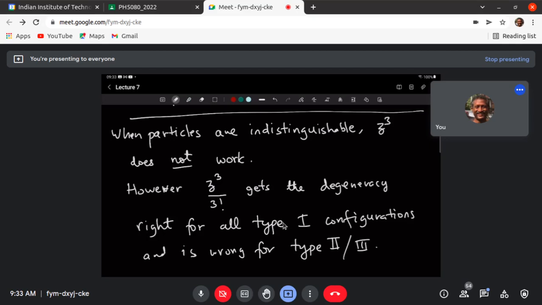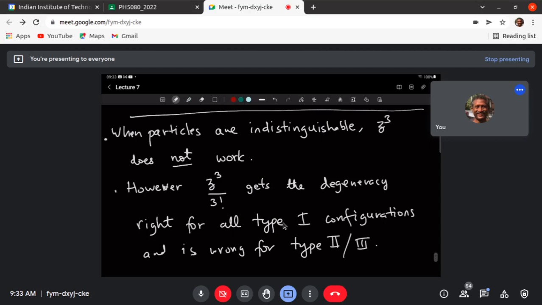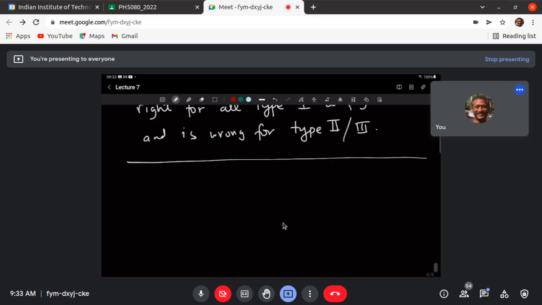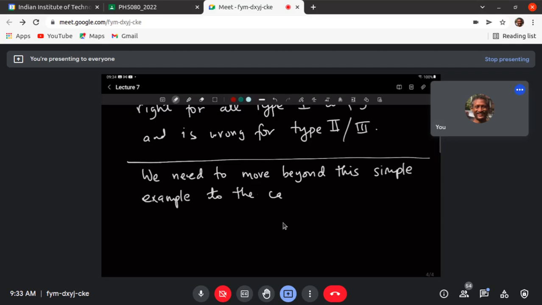Yes. So now we need to move beyond this, to the case of n indistinguishable particles.